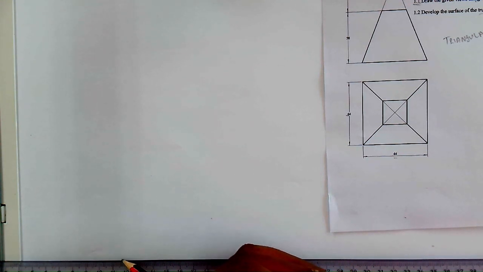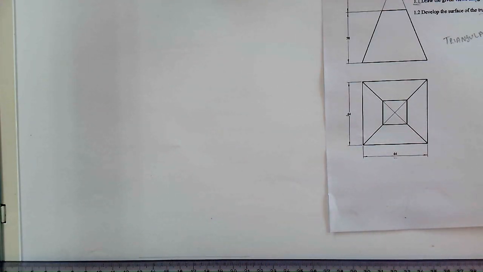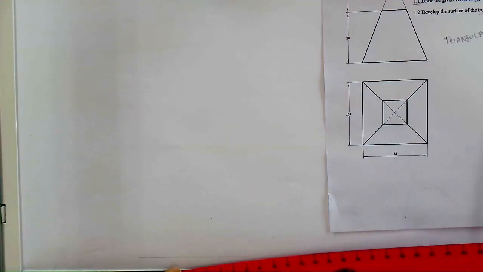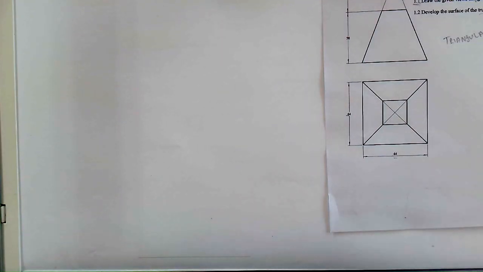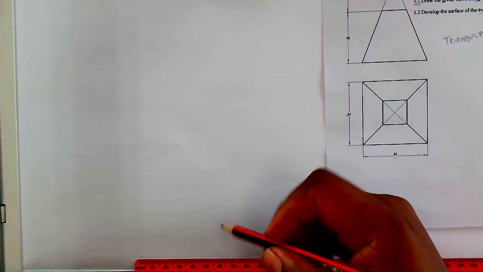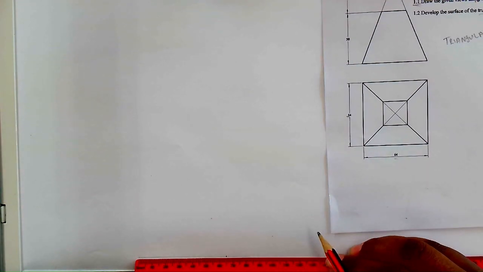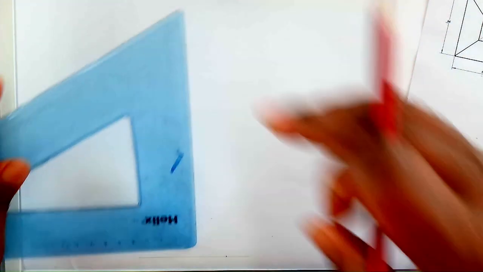So to start this off, I'll just draw a light line, very light, and then I'm going to measure my 65. You can see my 65 is here. Then I'll do the same thing with the other line going up.